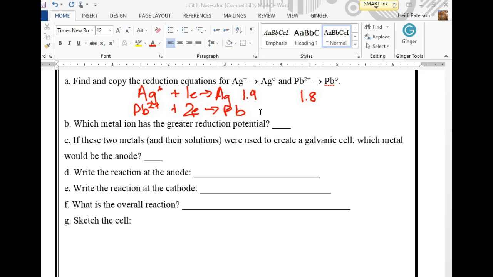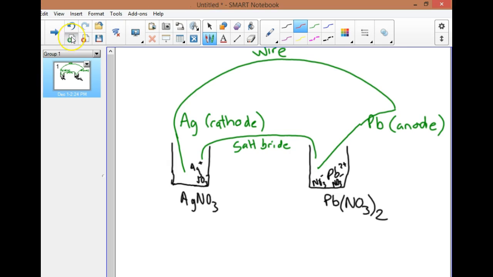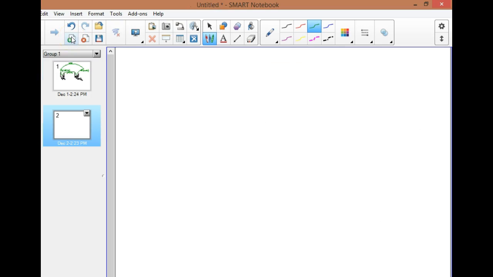Copper and cobalt. Okay, so when you say copper and cobalt, let's just go here. Are you using the copper 1 ion or are you using the copper 2 ion?